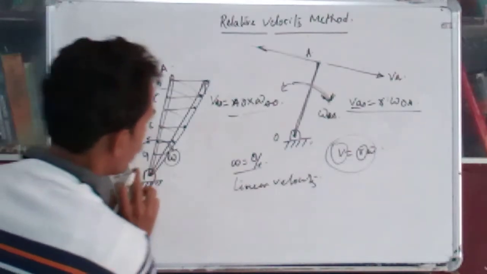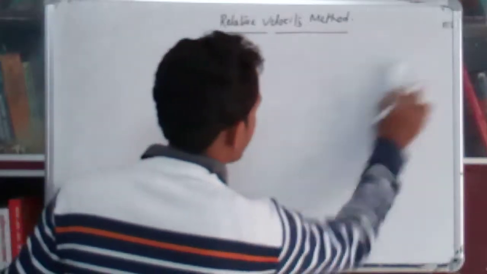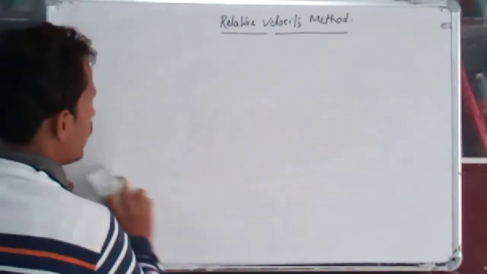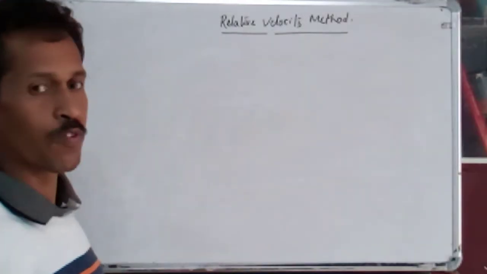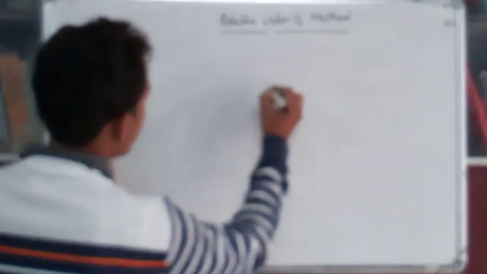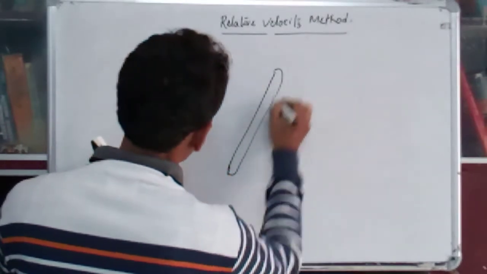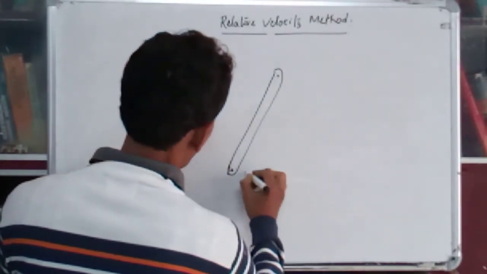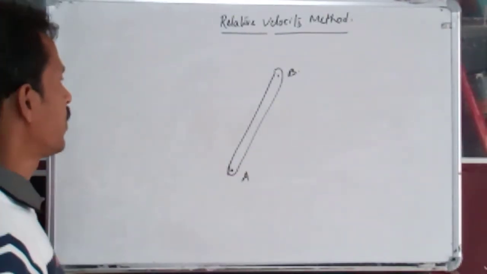Now, consider a rigid link, that means there will be no deformation due to the application of load. There will be no angular deformation, no linear deformation, no deformation at all. So that is a rigid link AB.